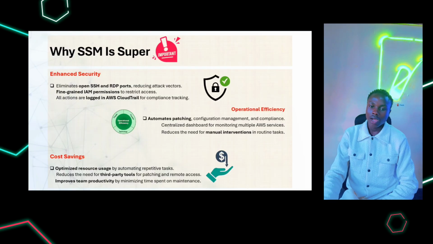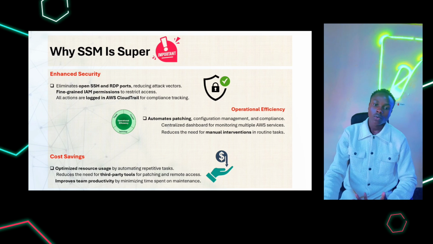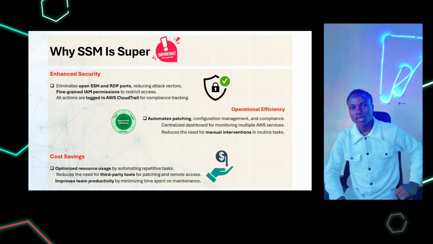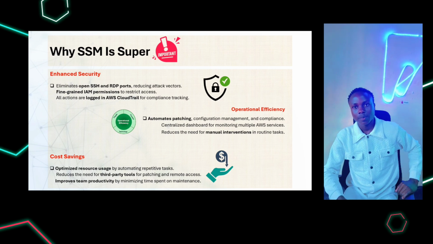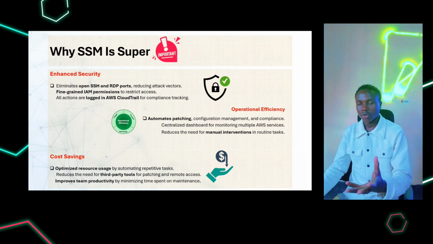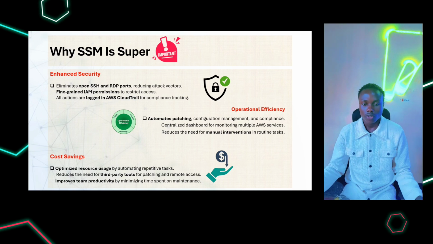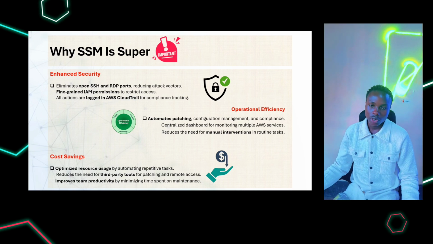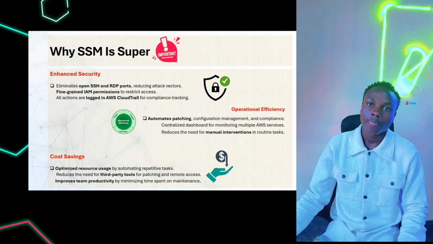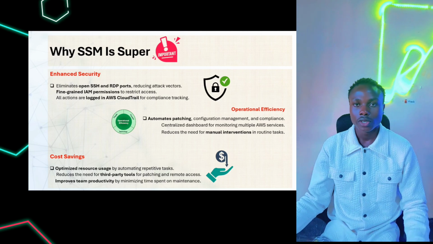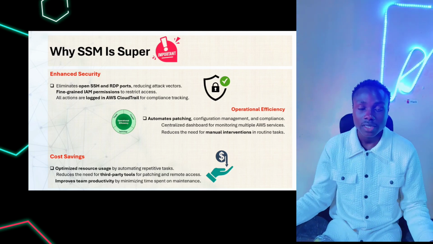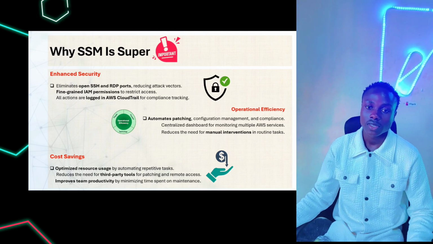Then we also have the reasons why SSM is a super important aspect of AWS. It has enhanced security, operational efficiency, and also saves you a lot of cost because you don't need to do all this alone. When we talk of enhanced security, that is the aspect of not requiring hard-coded credentials like usernames, passwords and parameters for spinning up your resources like databases.